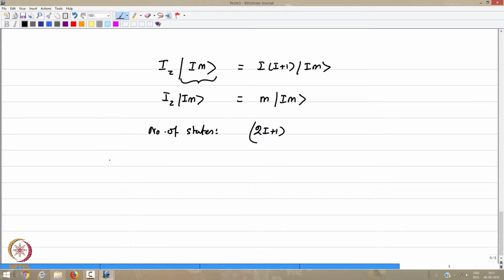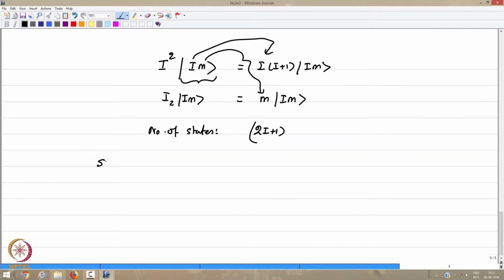Therefore, if you think about a spin 1, the I here corresponds to this quantum number, the m here corresponds to this quantum number, because this is I squared, I am sorry, this is not Iz, this is I squared. I squared and Iz being the operators which commute among themselves, only two quantum numbers describe the spin state of a single spin, and these two quantum numbers are used to represent the state Im.